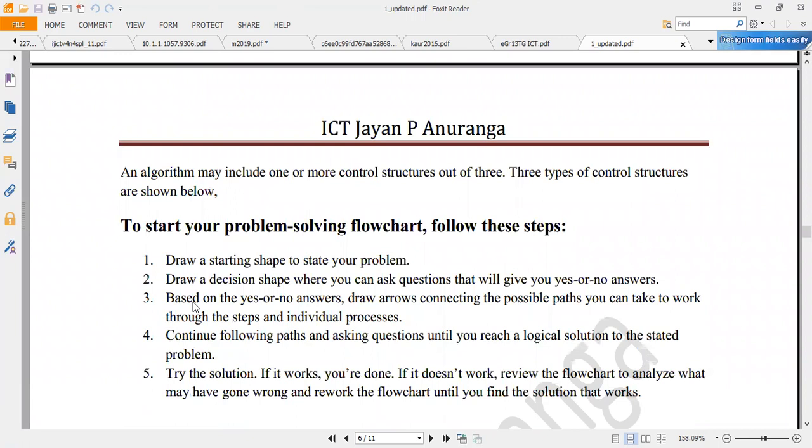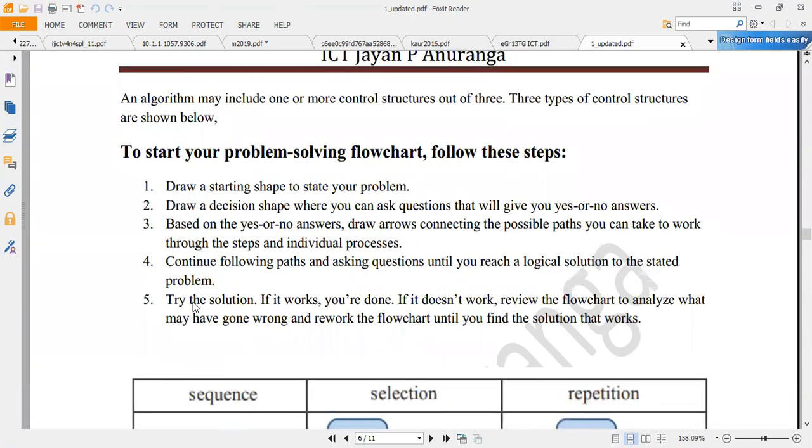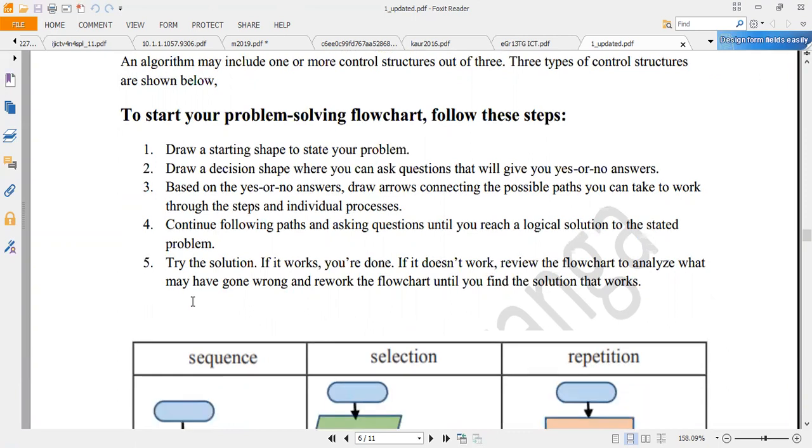An algorithm may include 1 or more control structures out of 3. 3 types of control structures are shown below. Before I explain, to start your problem solving flowchart, follow these steps. Draw a starting shape to state your problem.